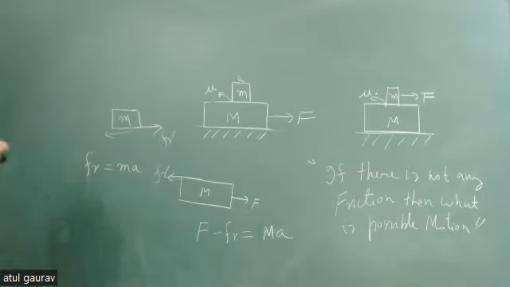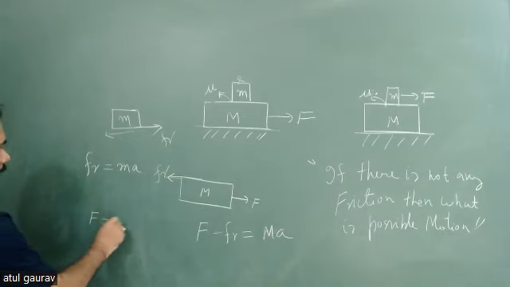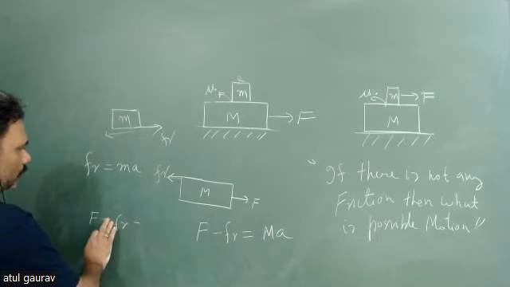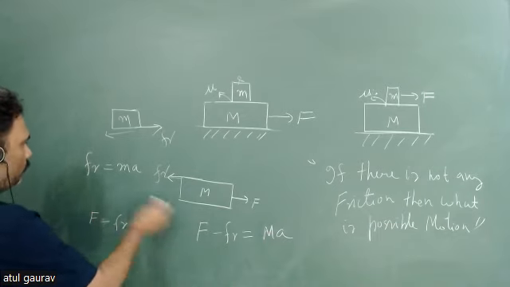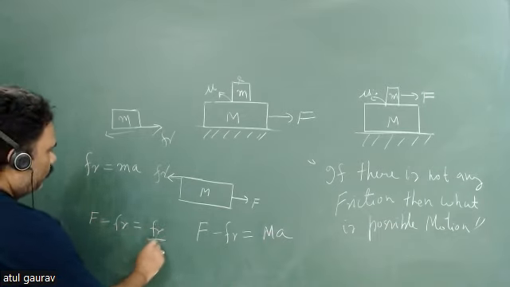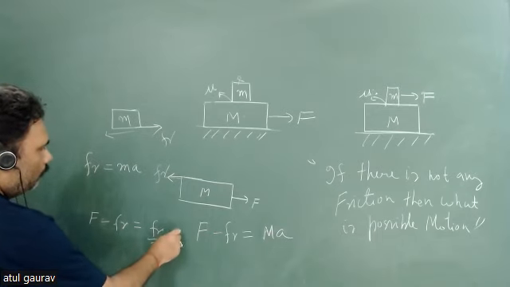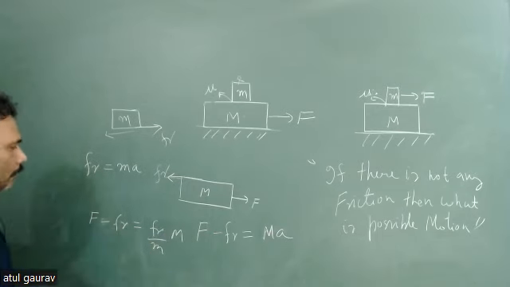Small mg or capital Mg or m plus M g? What is frictional force here? So small mg into mu. So you can write F minus frictional force is equal to M A. What is A? Frictional force by M into M. यही तो लिखोगे.